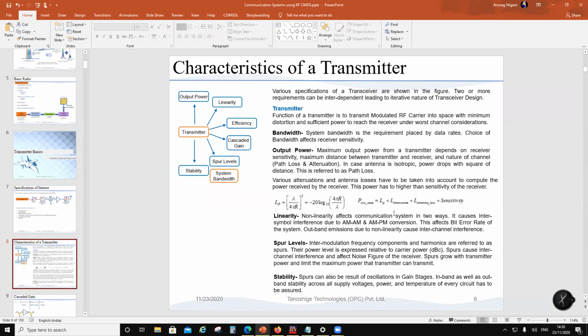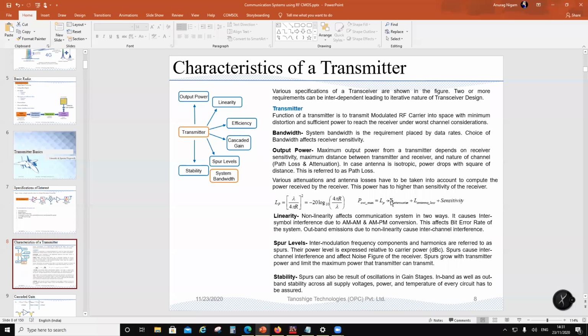That can be calculated as follows. You have the sensitivity of the receiver, which is the minimum signal strength for which a receiver can do a faithful demodulation. A faithful demodulation means a certain bit error rate.